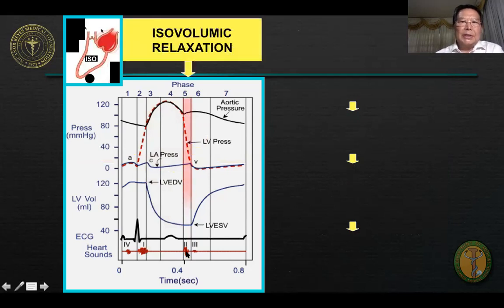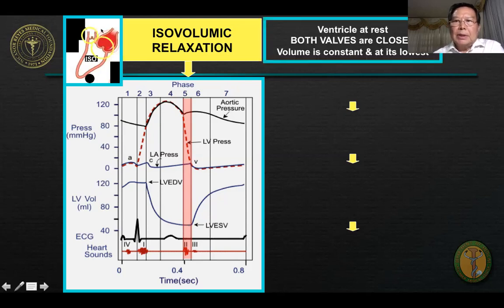So next is your isovolumic relaxation, again illustrated on this particular part of the cardiac cycle, wherein the ventricle is at rest, both valves are closed, and if you look at the volume inside the left ventricle, it is flat, meaning the volume is constant, okay?